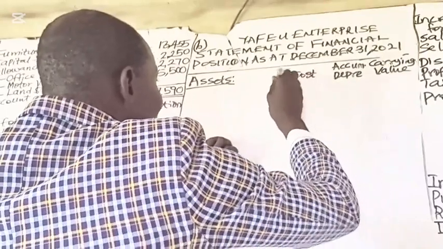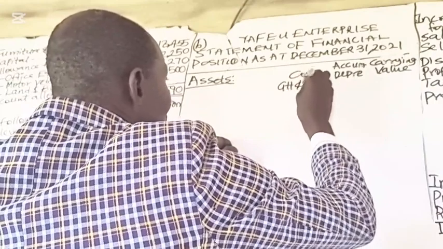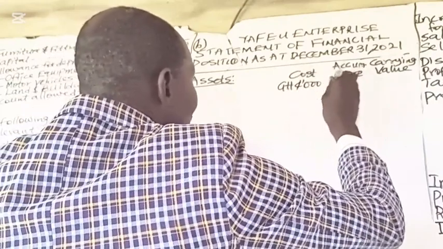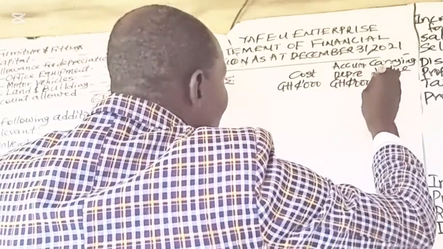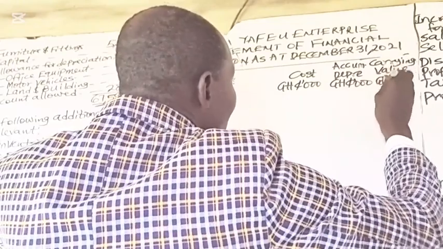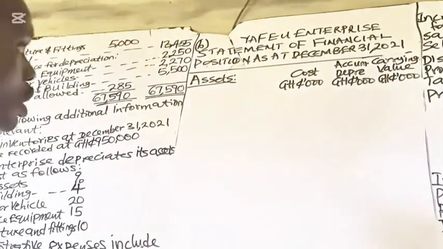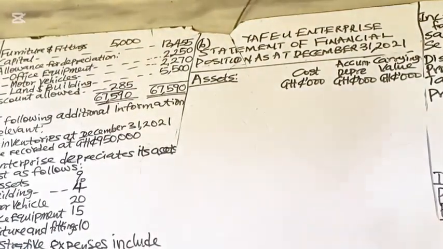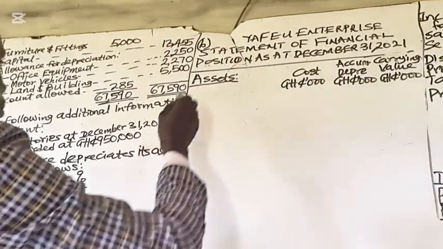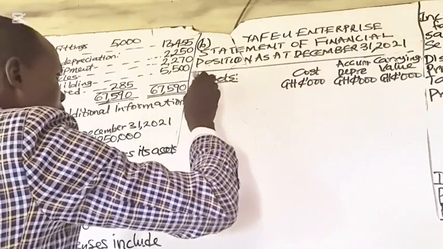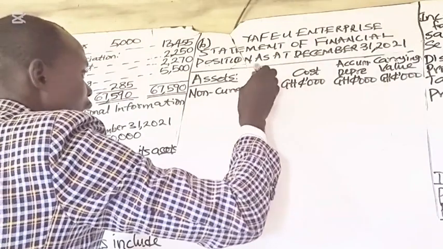And the amount is in 1,000 Ghana cedis. So the first asset to start with is our non-current assets.